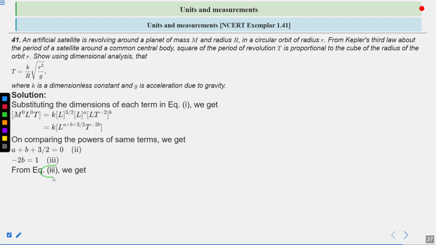So from equation third, we get B is equal to minus 1 by 2. Clear? Now next we will substitute the value of B in equation second and we will get the value of A. Clear?